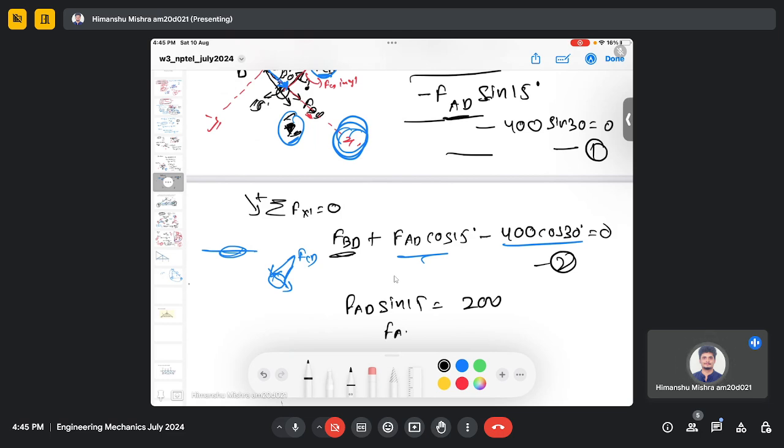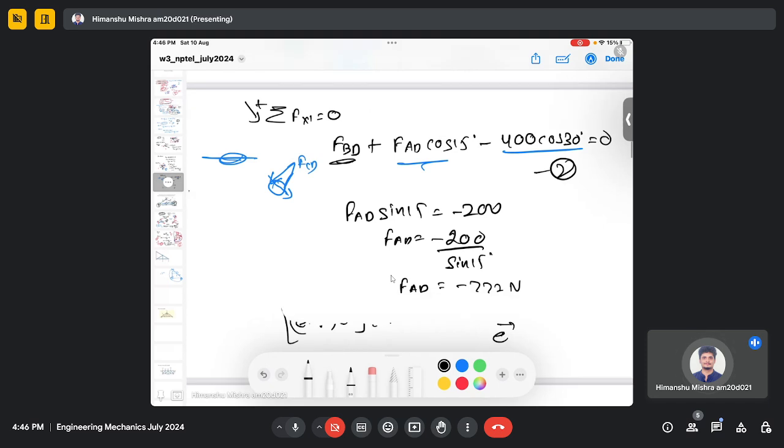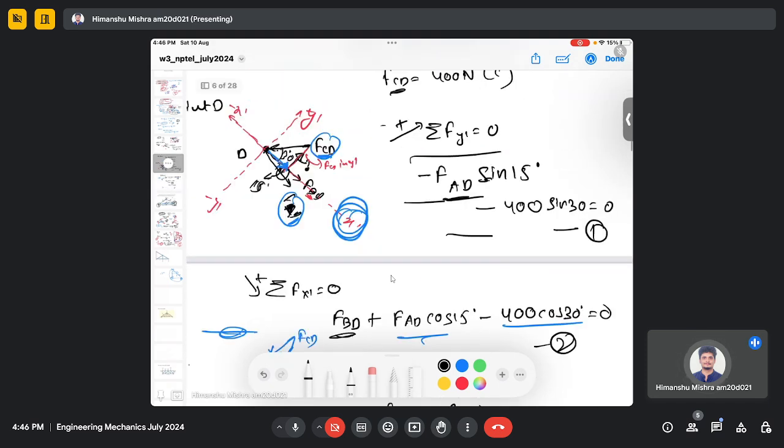So FAD equals 200 divided by minus sine 15, so FAD will be minus 772 Newton. Here you got the minus 772 Newton, which means the direction of force should be the opposite direction. This should be the force direction.